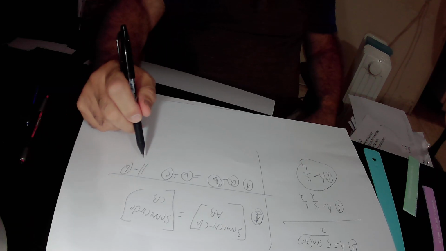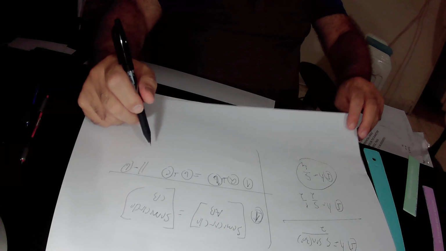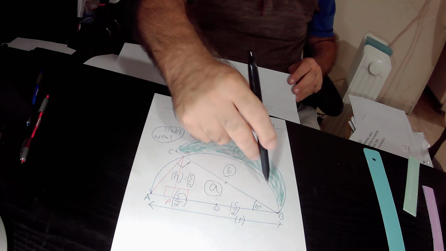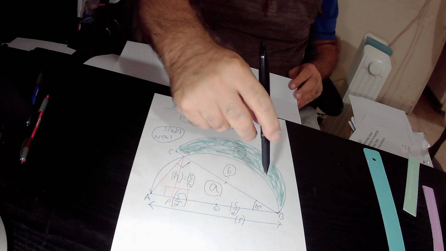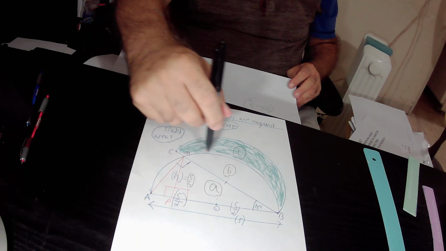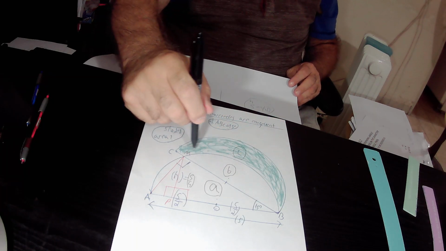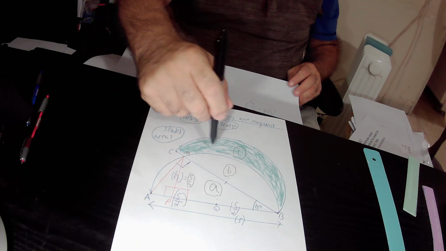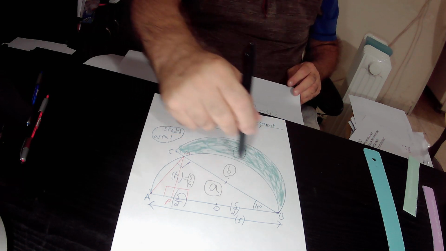B is the size of this shape, which is not a semicircle but is very similar to one.